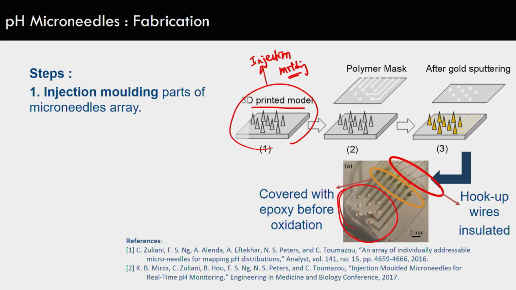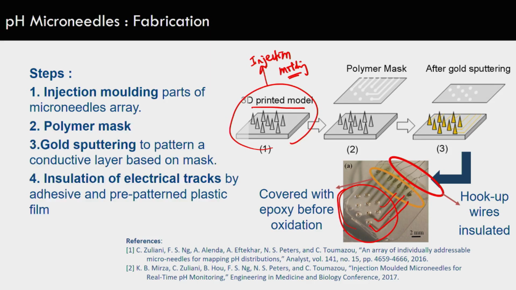Then you put a polymer mask on top of it to make these lines or conductive contacts, and then you cover it with another polymer layer so that it doesn't interfere with the measurements, like Sanjeev was saying earlier. So only the spikes are exposed, and you have the tracks there to connect and extract the signal.